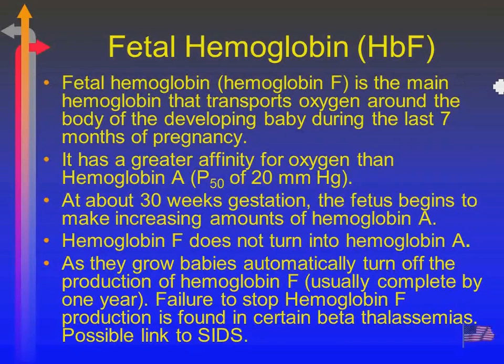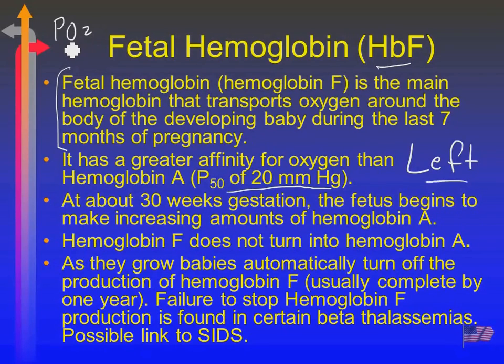Just make mention of fetal hemoglobin, hemoglobin F. That's what's present within the developing fetus, especially during the latter parts of the pregnancy. It's the transport mechanism. Has a P50 of about 20, which, if you remember back, a very low P50 means a huge left shift, which is good because the normal PO2 in utero is somewhere on the order of about 25 to 30.